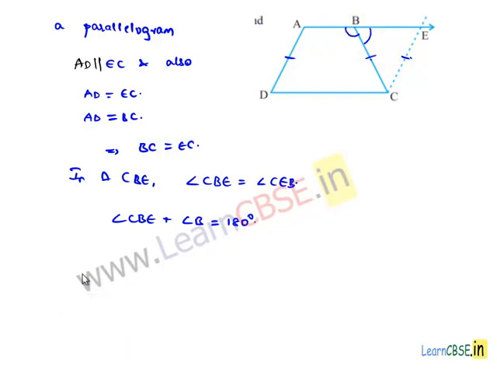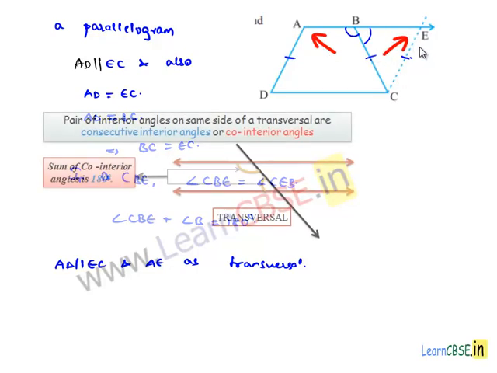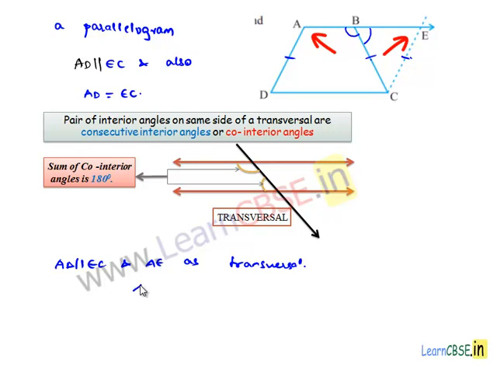Now if we consider that AD is parallel to EC and AE as transversal, then angle A and angle CEB lie on the same side of the transversal. We know that sum of angles lying on the same side of transversal is equal to 180 degrees. We can say angle A plus angle CEB is equal to 180 degrees.